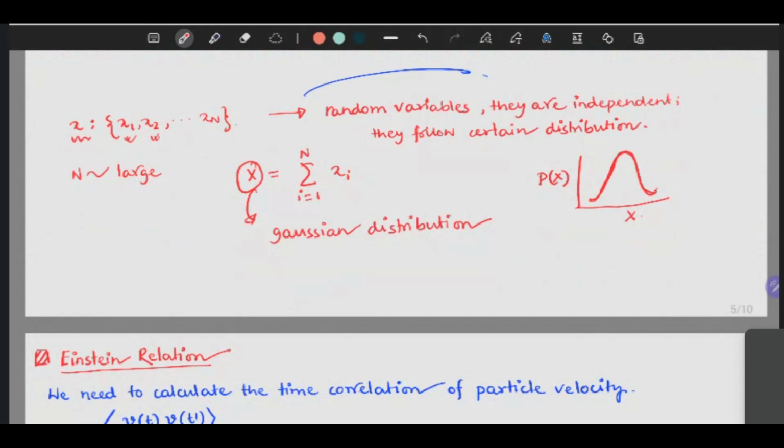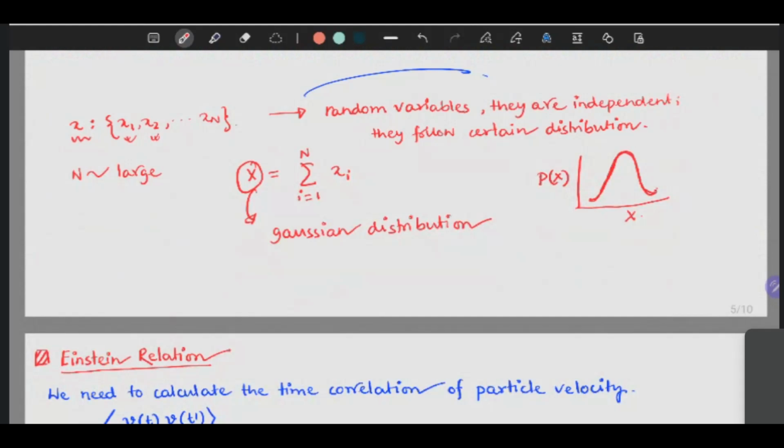This a becomes a and this is 1, so v0 squared e to the power minus 2t by tau_v, and here it remains e to the power (t1 plus t2) by tau_v. Yes. So then for this part we will do first.